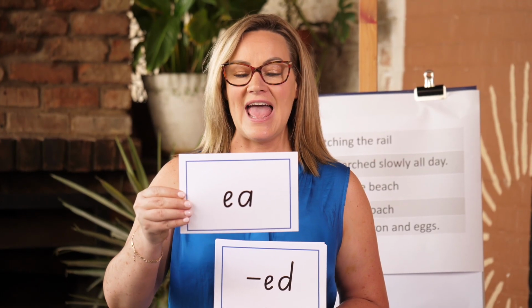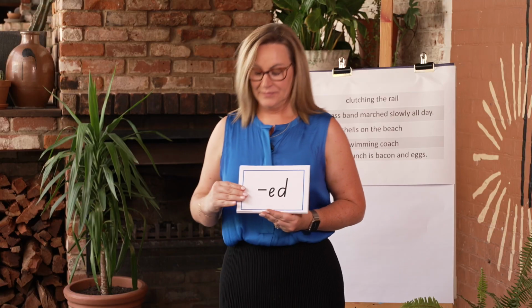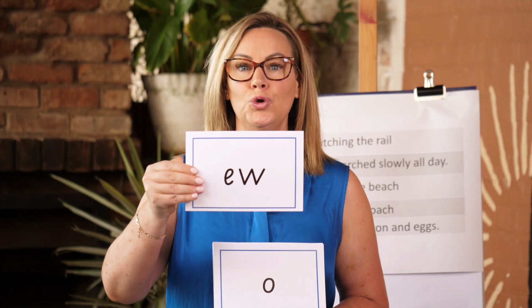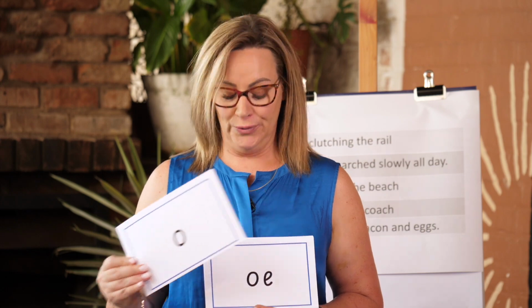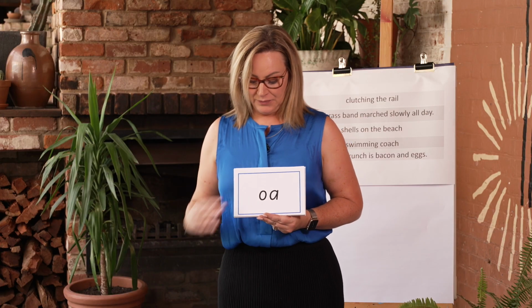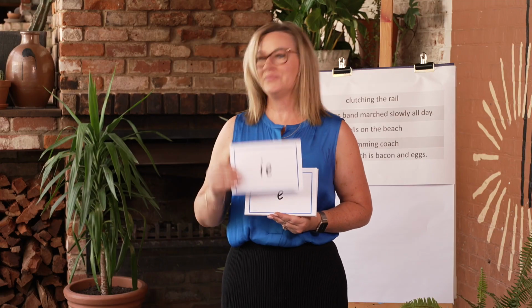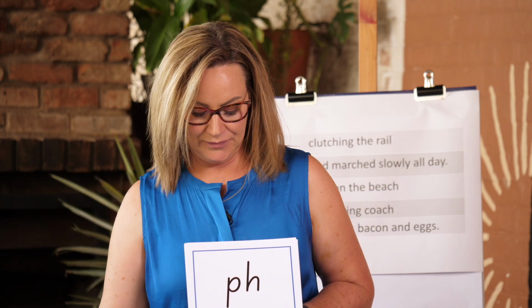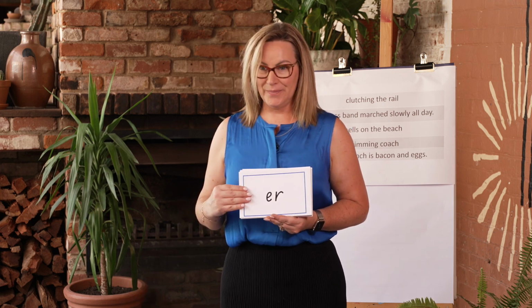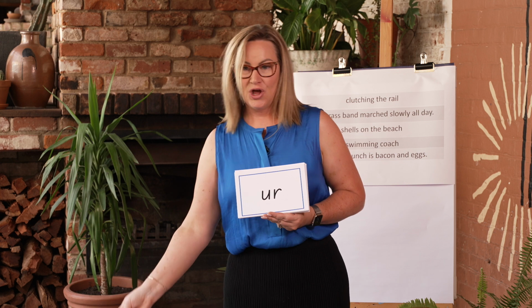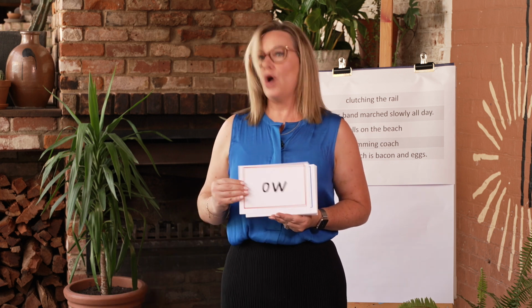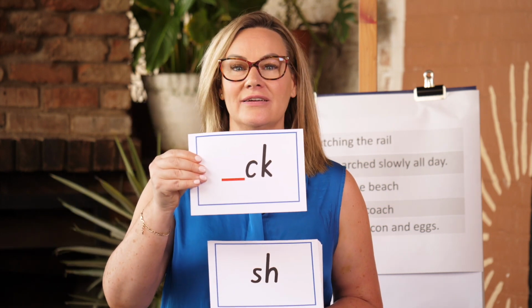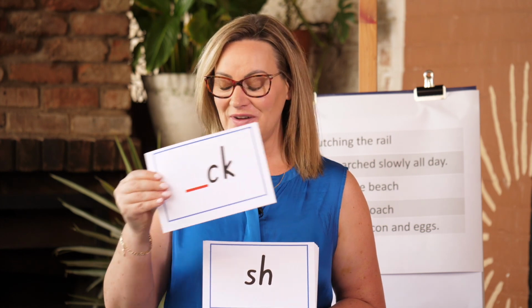So, E, E, A. D, T, D. U, O, O, O, O. E, I. E, E. Ow, O. K, at the end of a one-syllable word after a short vowel.